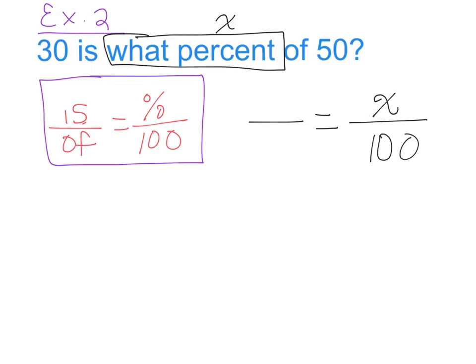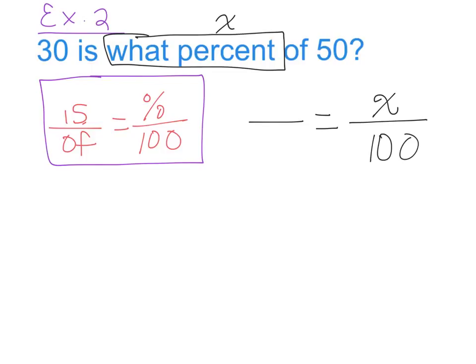Now, it's tough when they're worded like this to figure out what the whole is and what the part is. So I'm going to try and figure out what the whole is here, okay? So what is the total? And if I look back here with my words, it's easy to see that of means my whole, and it says of 50. So 50 is my of.